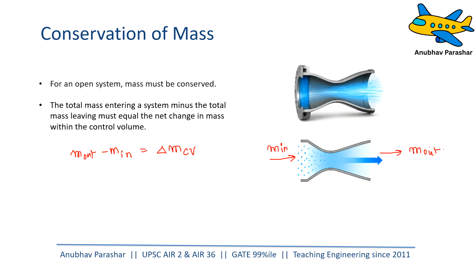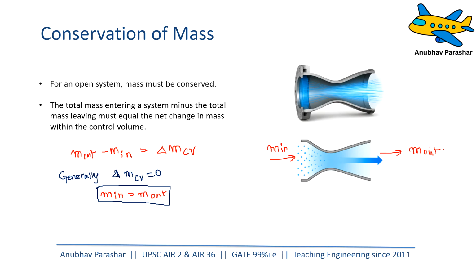Now, generally, 99% of the time in these flow devices, the change in mass is going to remain 0. If that is the case, by conservation of mass, mass coming in is equal to mass going out. So this is basically the conservation of mass principle.